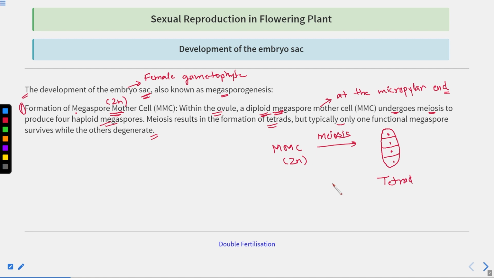This is known as megaspore tetrad. Now what happens? 3 megaspores degenerate, out of these 3 will degenerate, and only 1 megaspore is functional.